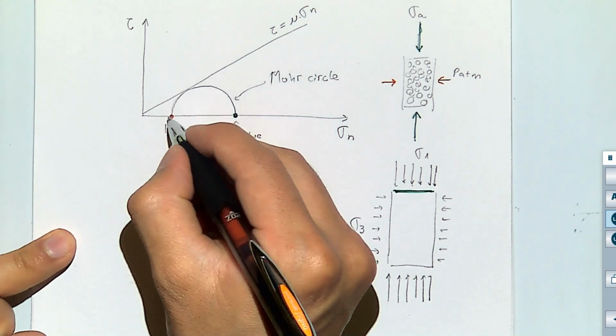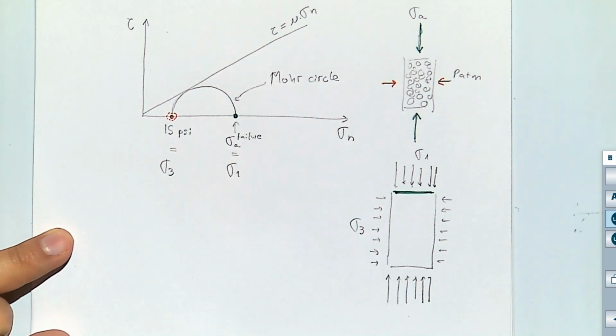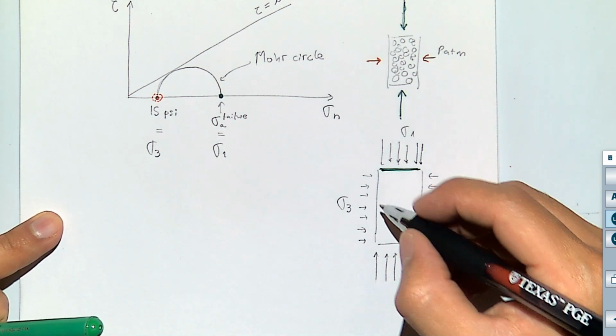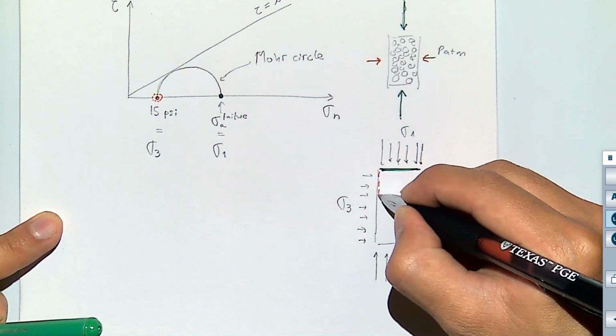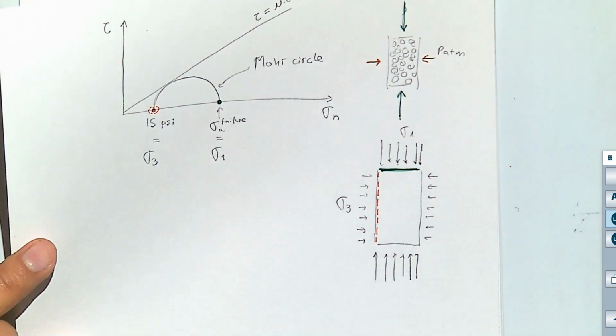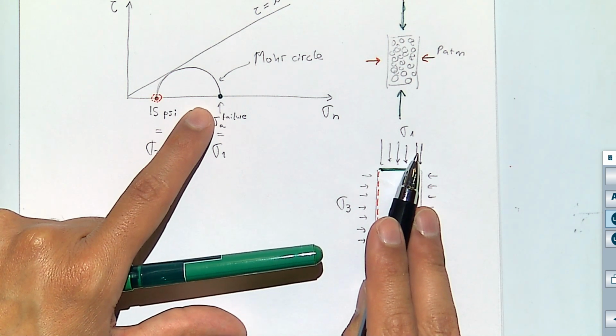This point over here, let me add it with dashed line so it's clearer, corresponds to, let me pick this surface over here. So sigma 3, sigma 1.